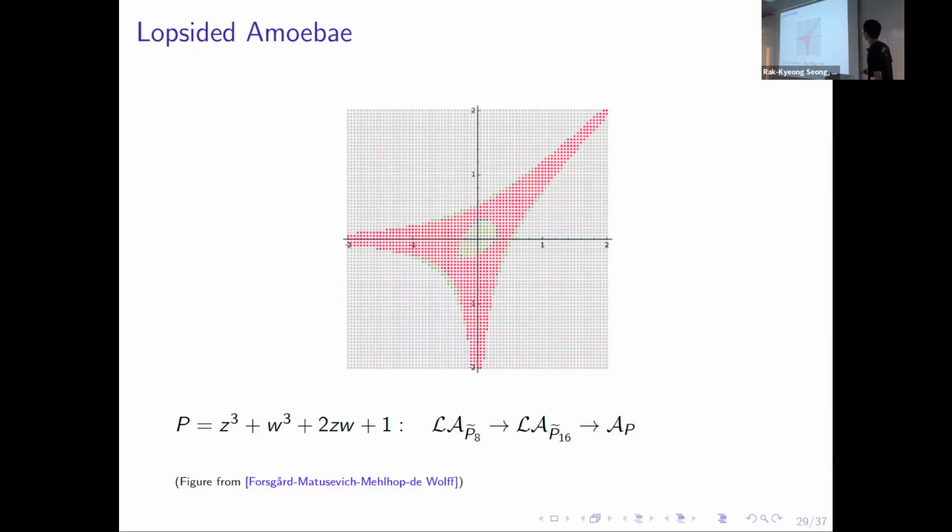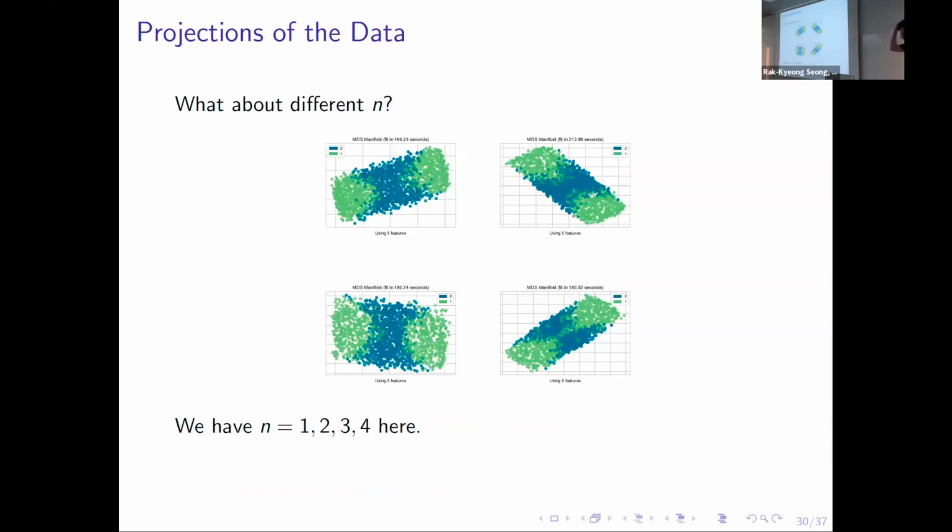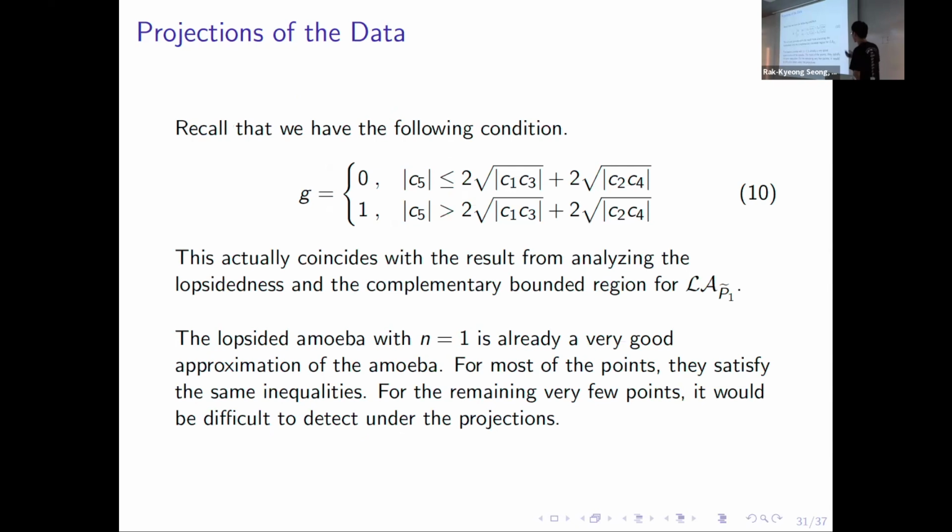Right. So for our example we've just talked about, everything looks the same. Like 1, 2, 3, 4. Everything looks the same. So for this condition we just saw, this actually gives the lopsidedness, the genus of P tilde 1, namely the first lopsided amoeba.